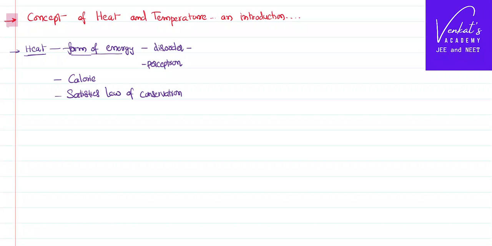Say, you burn coal and you get electric energy, or in an electric geyser you convert electric energy back to heat energy. So it satisfies the law of conservation of energy, and hence people measure it not only with calories. Nowadays they also measure with a unit called joule, because that is also a form of energy. We use both of them depending on our requirement.